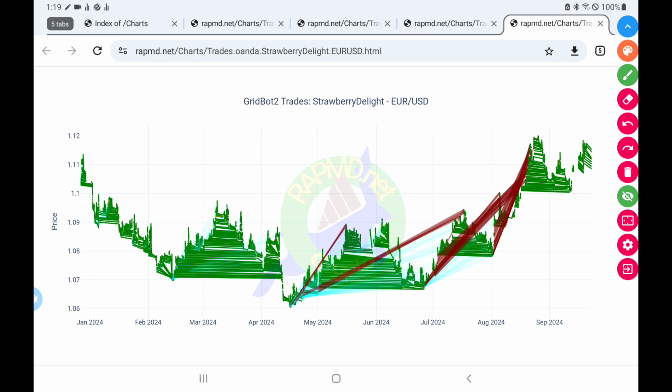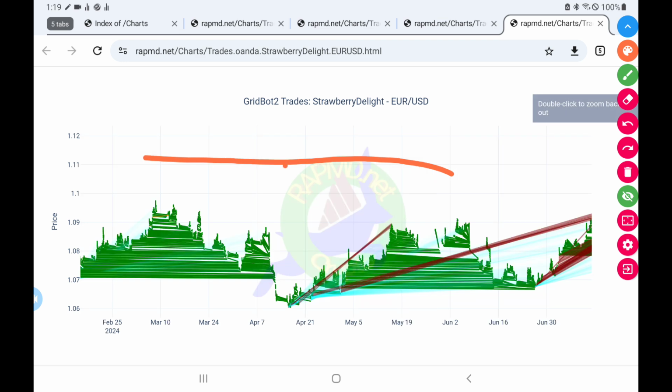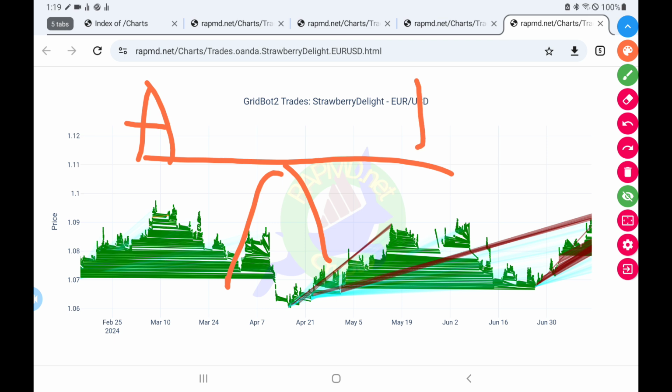Finding the sweet spot between aggression and defense is a balance. And you have to balance your aggression versus your defensiveness. You have to balance making money versus risking money.